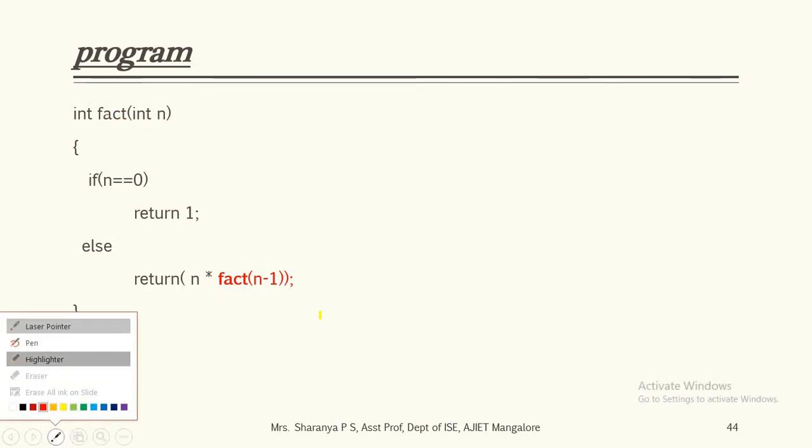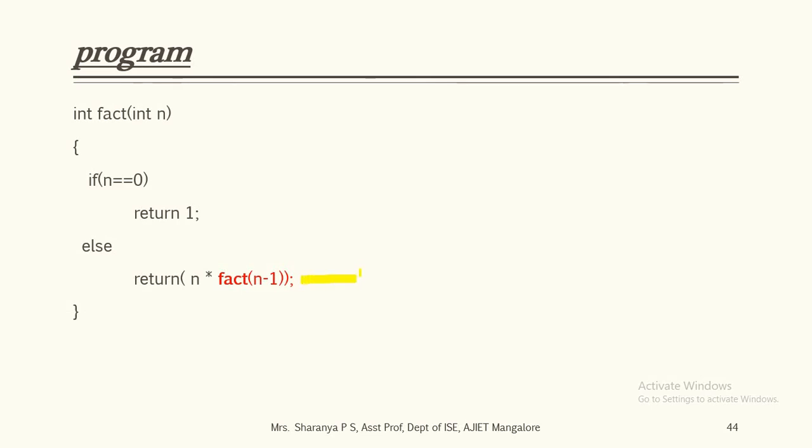When it sees this, the control will start execution once again from here onwards, with n into factorial of n minus 1. Here n we took as 5, so fact of 4 will be called once again. This set of steps will keep repeating continuously. This is how it is going to execute.